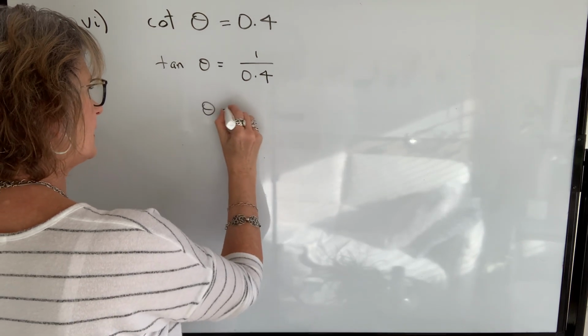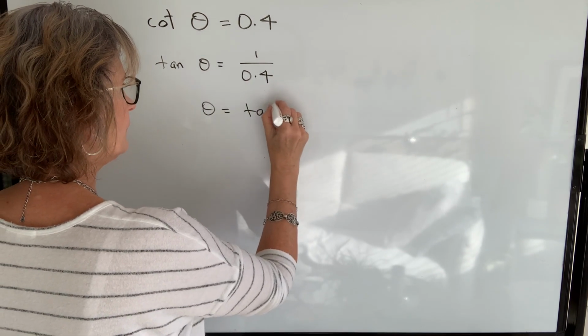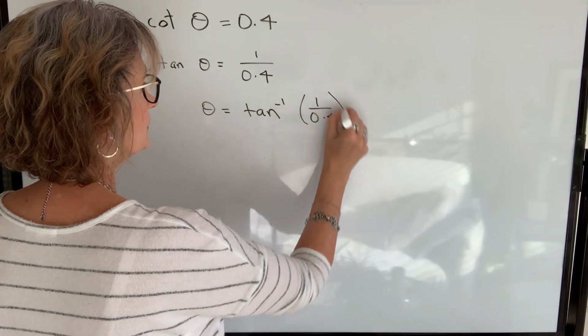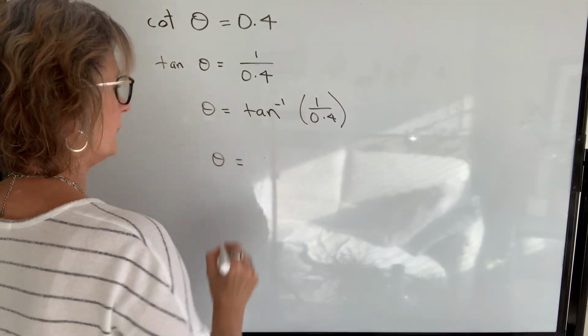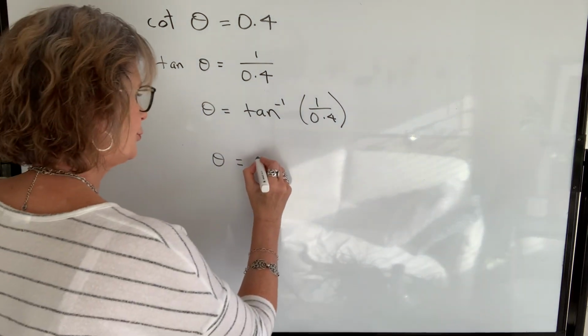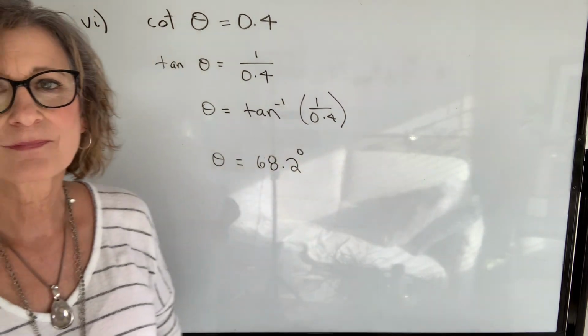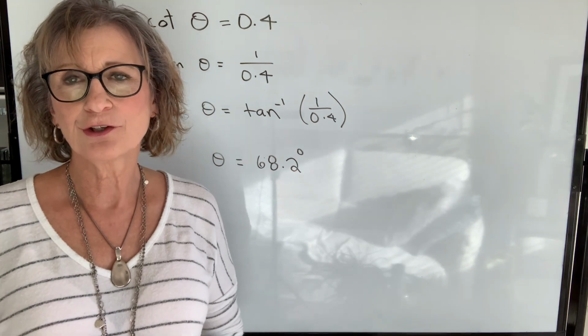Then we can isolate theta by taking the inverse tangent function of this value. When you do that, you should get an angle of 68.2 degrees. Try it on your calculator to make sure that you do.